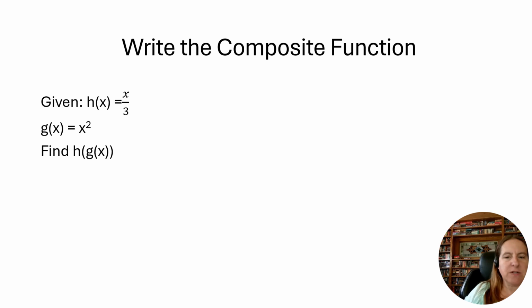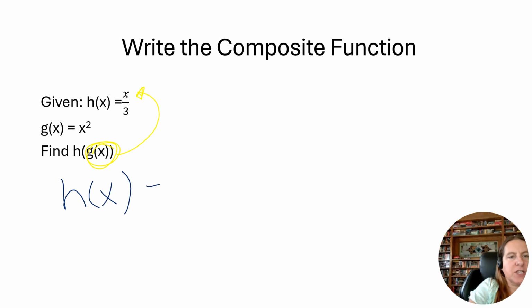So different letters, but again, start by identifying what is your inner and outer. So g of x is my inside. So I'm going to put g of x into the h of x function. h of x has an equation of x over 3.